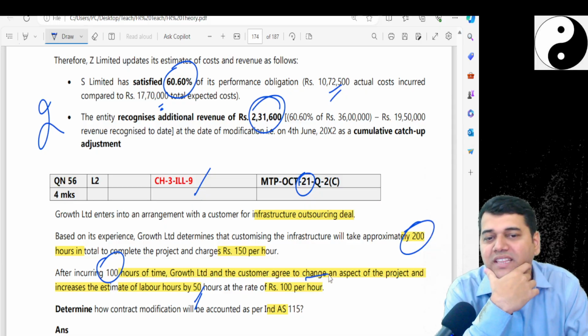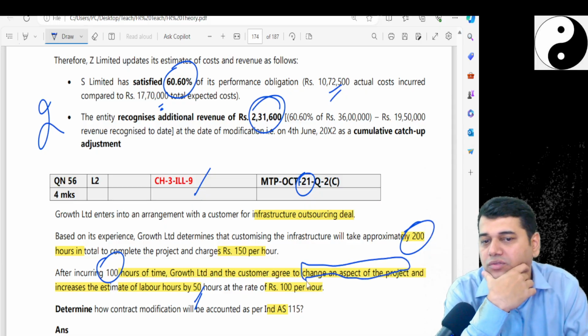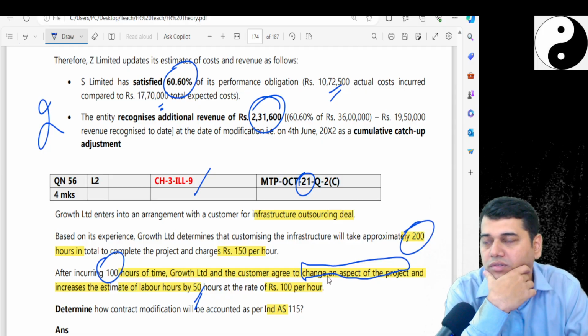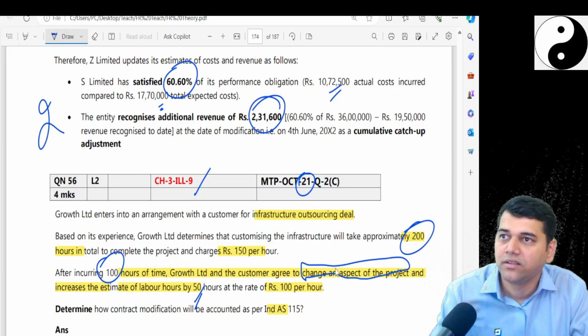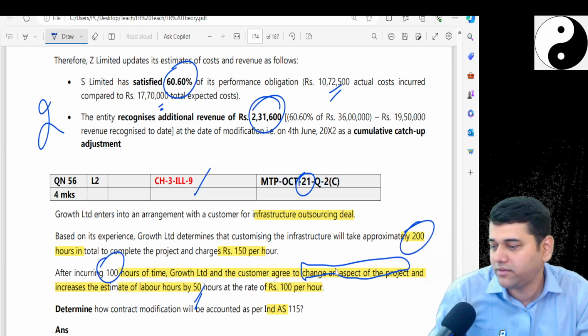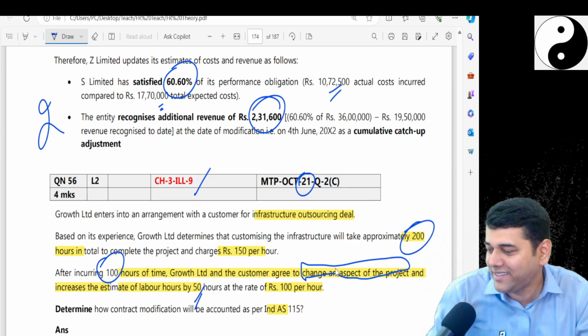But he is going to change the aspect of the project, no? Is it distinct? That is not given. So what will you interpret now? It is distinct.